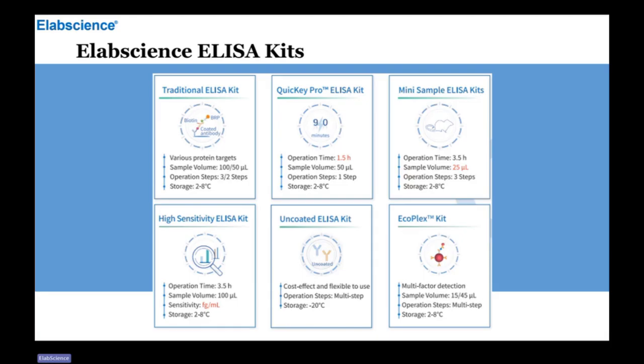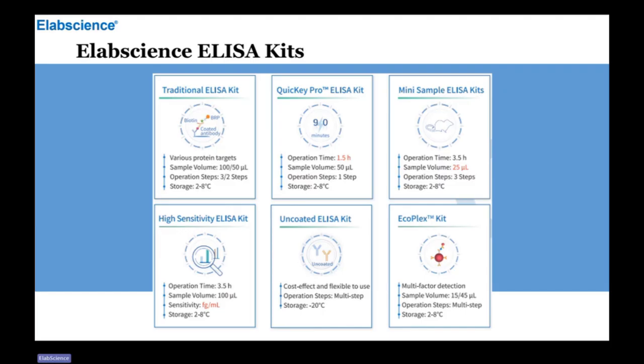That is why for such samples, the customer can use a mini sample ELISA kit, which only needs just 25 microliter of sample per well. But it will take the same time as traditional ELISA.